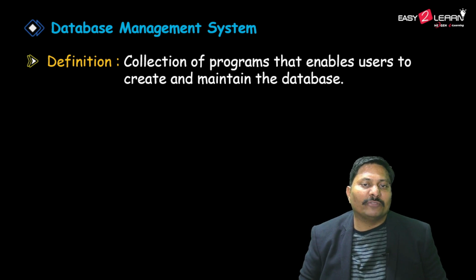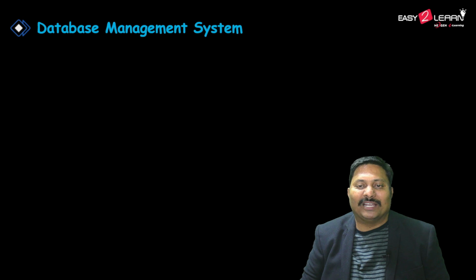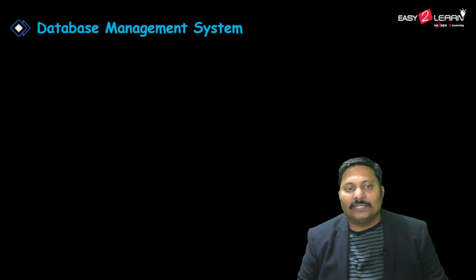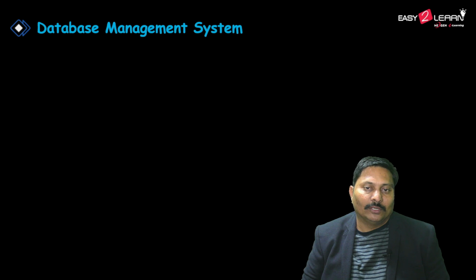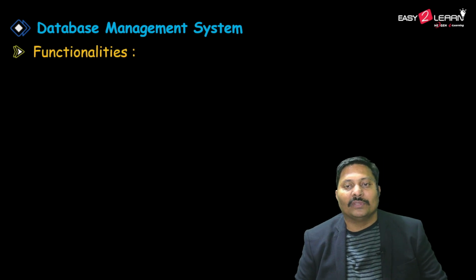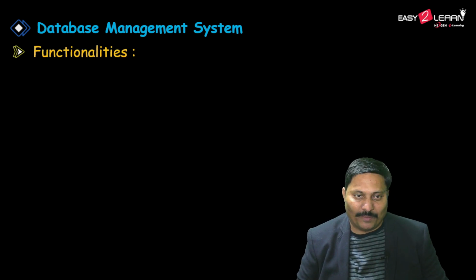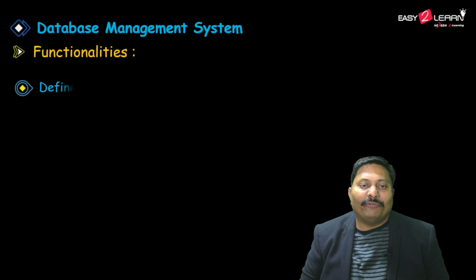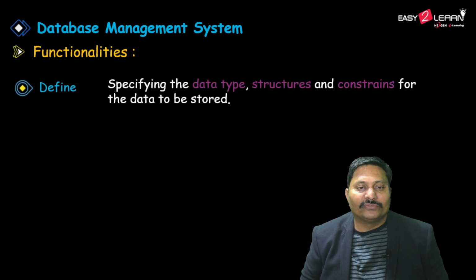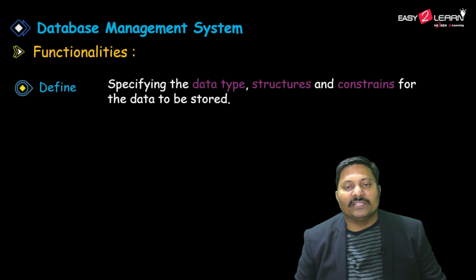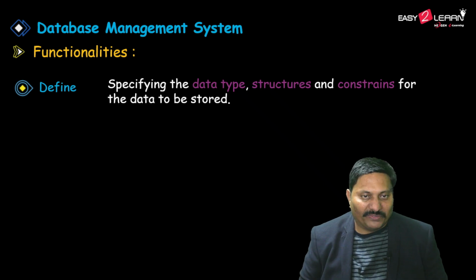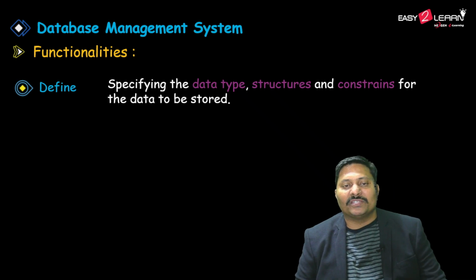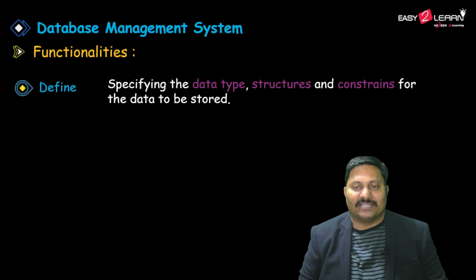Now, let us move on to the functionalities of Database Management System. It allows users to define the database, to construct the database, manipulate and share the database. Defining the database involves specifying the data type for the data that we are going to store in the database, and also specifying the structures and constraints for the data.